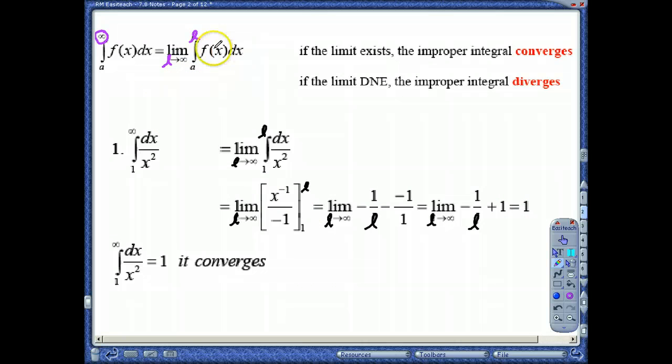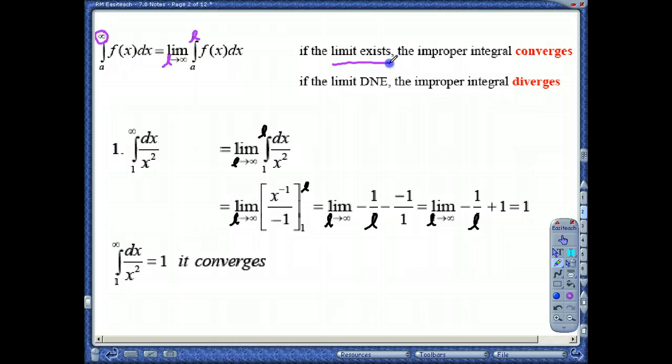Instead of just taking the integral, we're going to take the limit as that top goes to infinity, and now it looks like just a normal, regular, old integral, which we will integrate, and then we'll plug the L in, minus, and then we'll plug the A in, and then we'll take the limit and see where that limit's approaching.